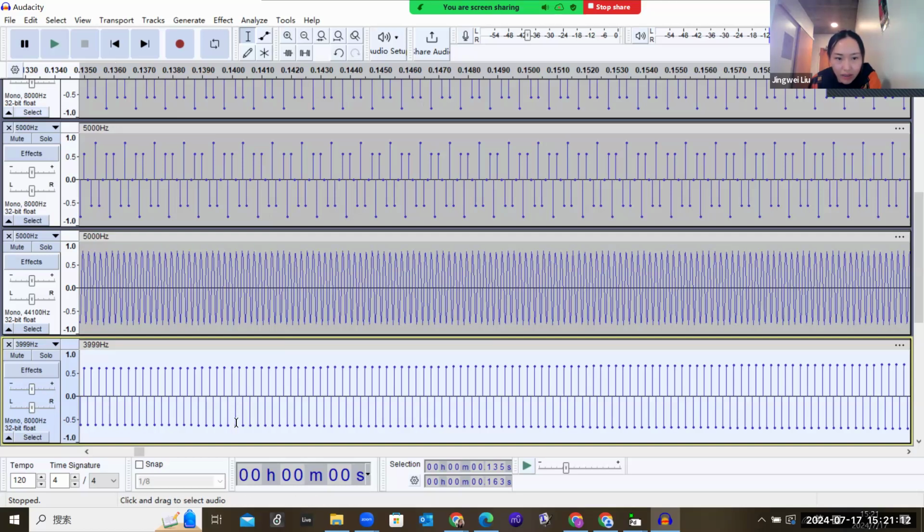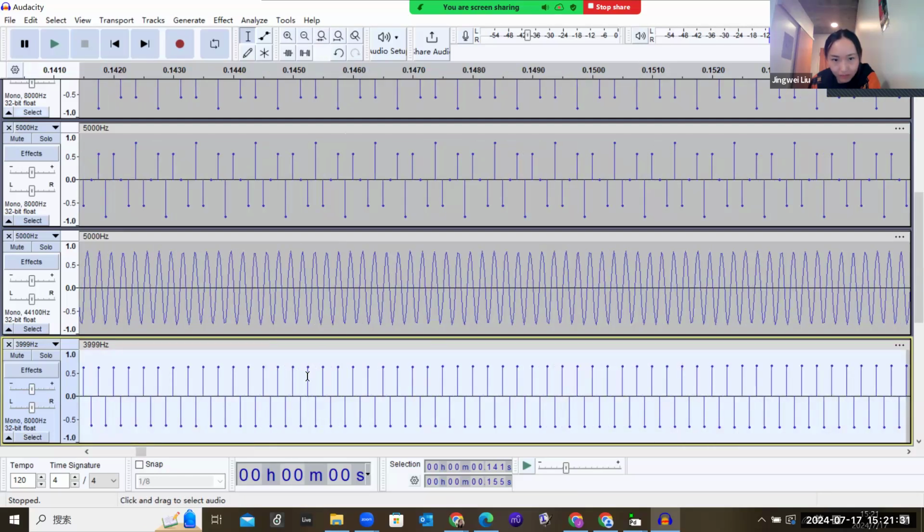Then it's just alternating points, basically only 2 points to represent each cycle. Therefore, it has this alternating pattern in the sampling. So you can hear it's barely representing the sound.